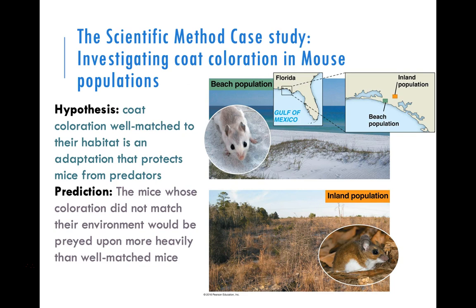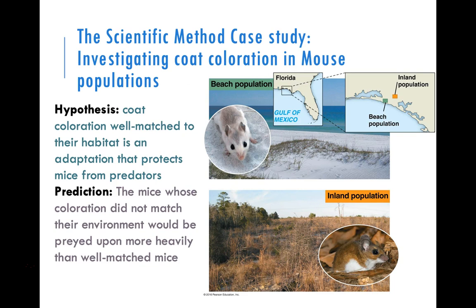So we have our hypothesis here that attempts to answer the question. And our question is not specifically stated here, but our question is, why does the coat color of these mice differ in this mouse population? So stemming from their hypothesis, we can make a prediction of the results that we expect.